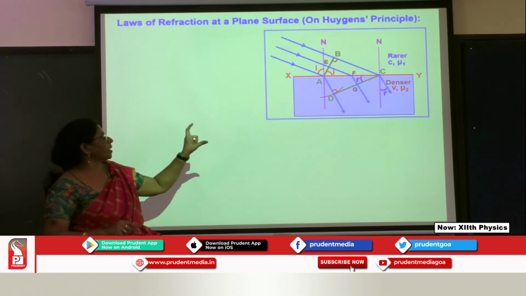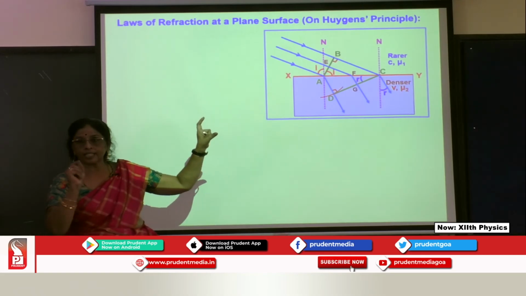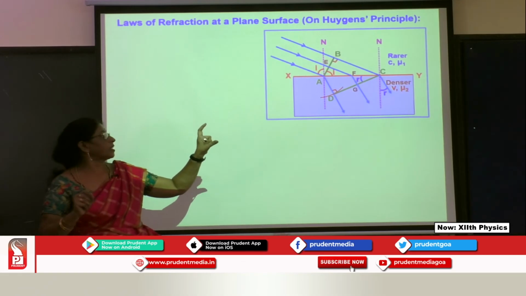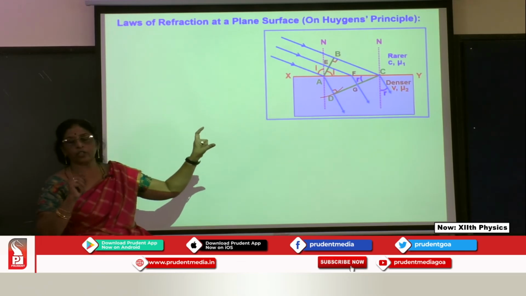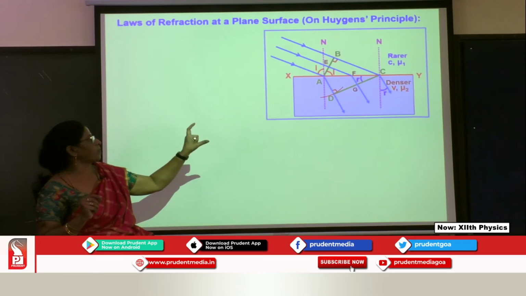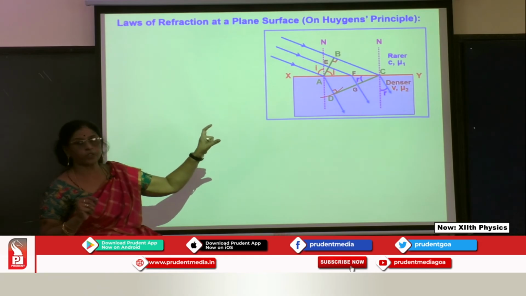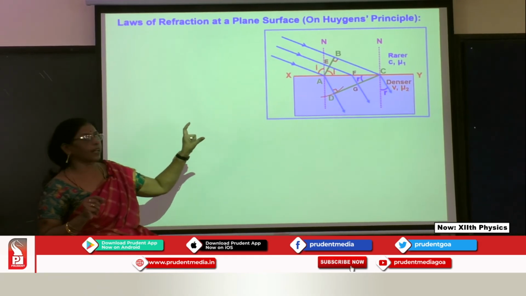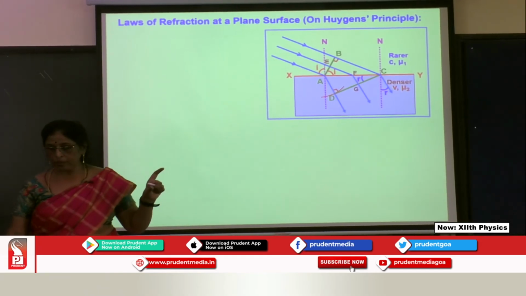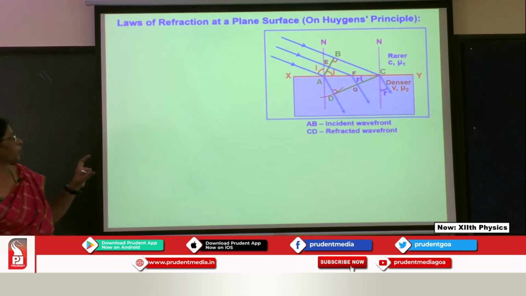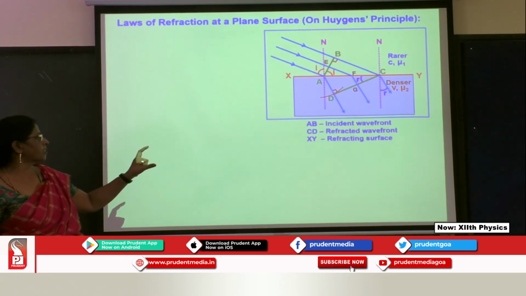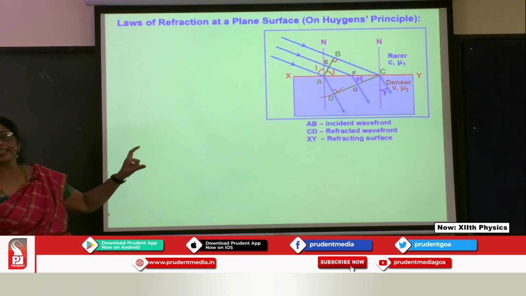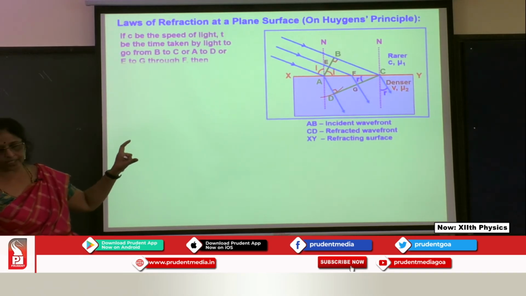So the time taken for B to reach C, the time taken for E to F, all are the same. So same time F to G, same time A to D. So now I am just taking it that AB is the incident wavefront, CD is the refracted wavefront.